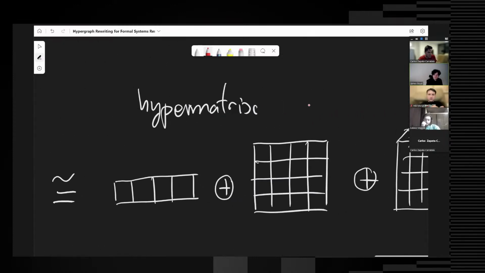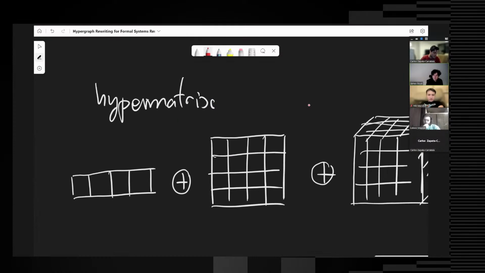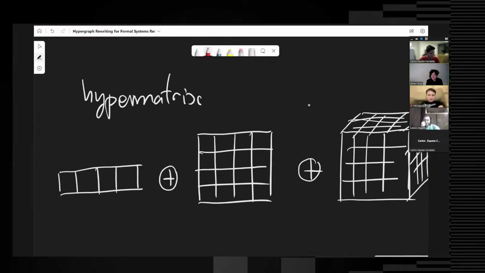I call them hypermatrices; some people would call them direct sums of tensors, some mathematically inaccurate name. A hypermatrix is basically the adjacency data put into matrix form.